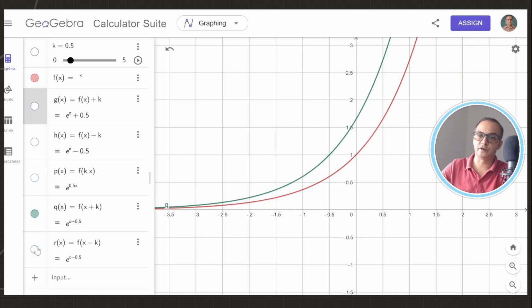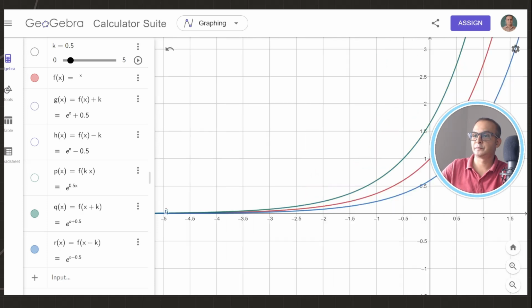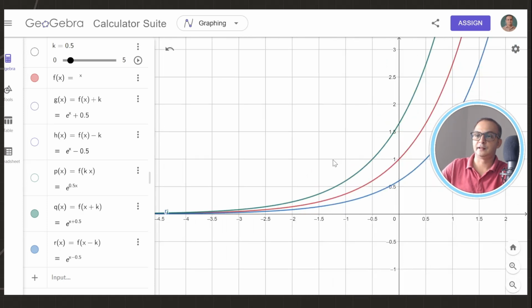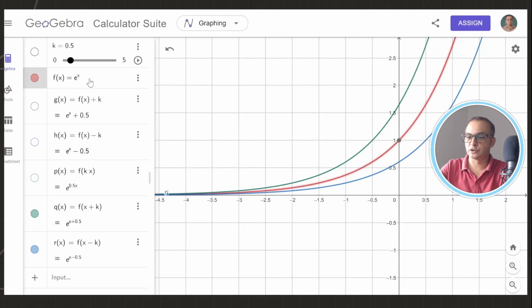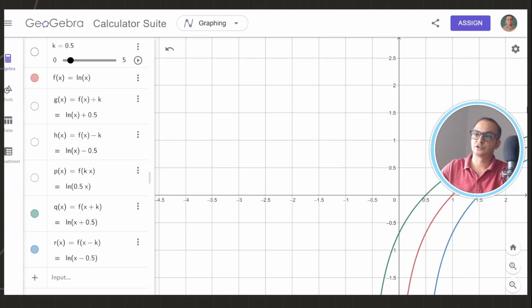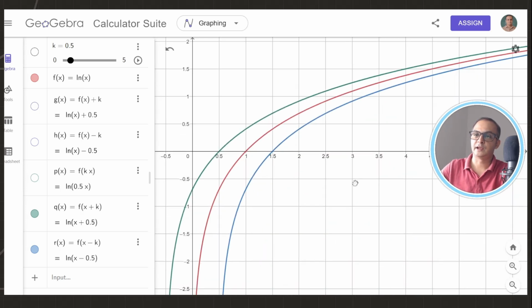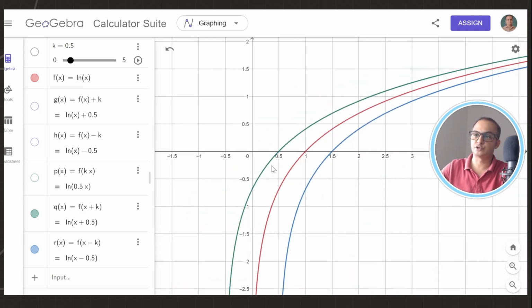You see the horizontal shift, and also this will give you the vertical shift. Now suppose I try to draw the graph of log x and try to see what will happen. Ln x. So this is here, and these are horizontal shifts you are seeing.